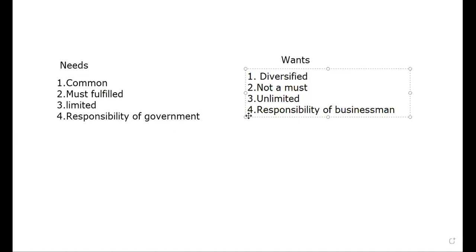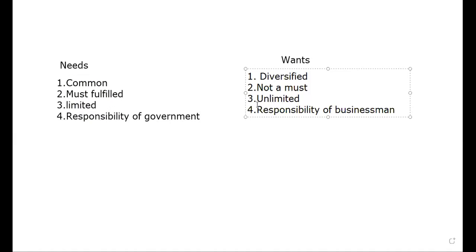People must be able to buy it from their own money. For example, education. There are a lot of private schools and private universities available. Anyone can join those universities and pursue their educational goals. There are private hospitals. They can go and take their treatment, with no need to wait in a queue like that. So basic needs are the responsibility of the government.